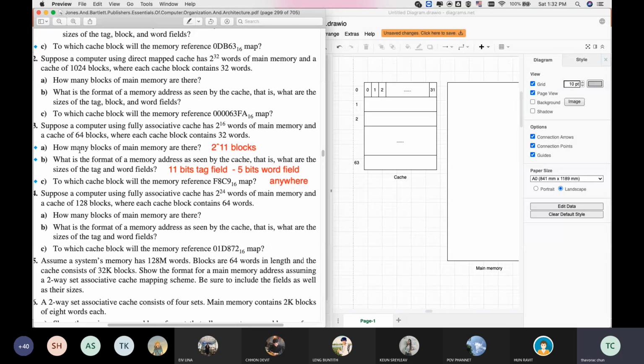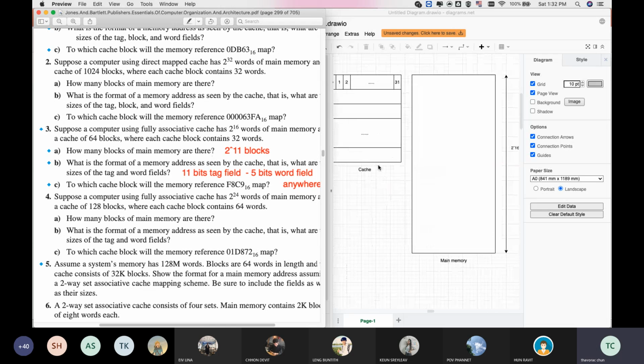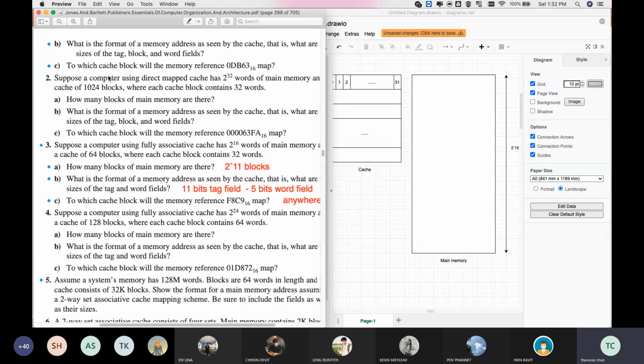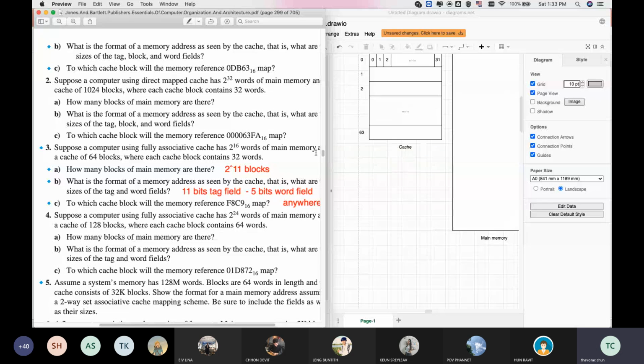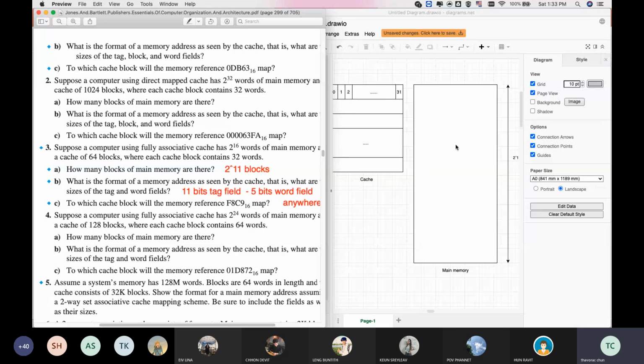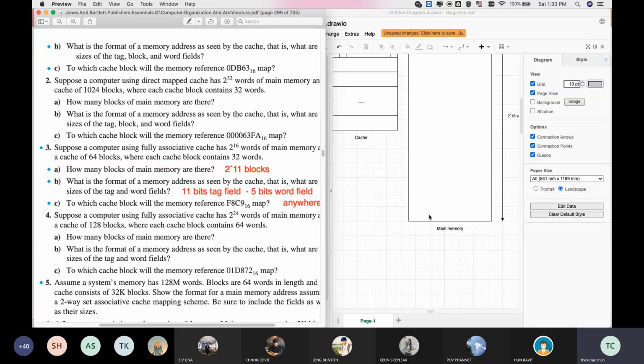And then question A is how many blocks of main memory are there? So just like what we have done in exercise 1 and 2, question A, simple, just divide the total words here by the total words inside one block to find the total number of blocks in main memory.